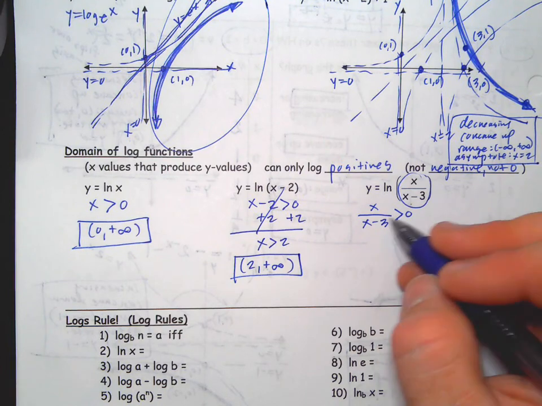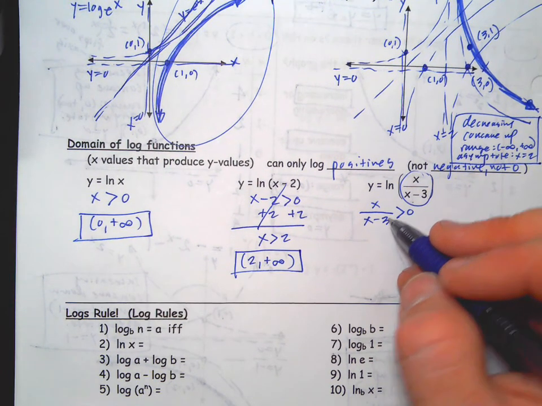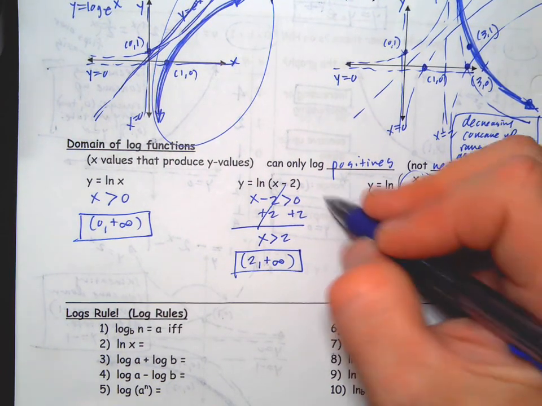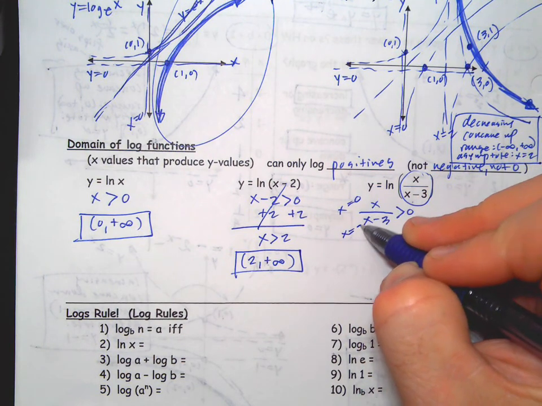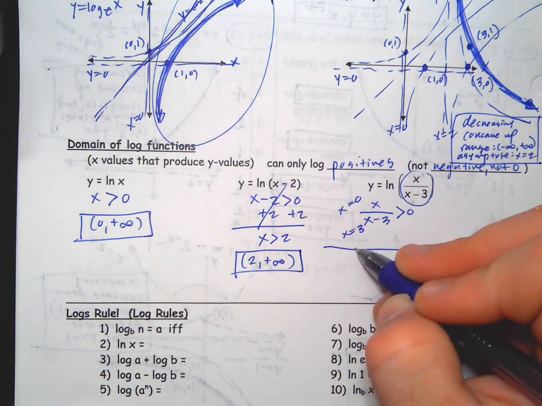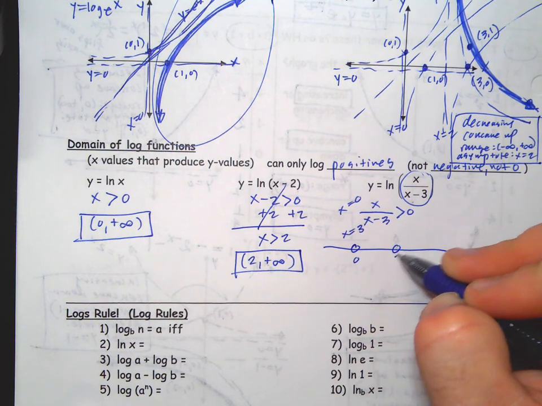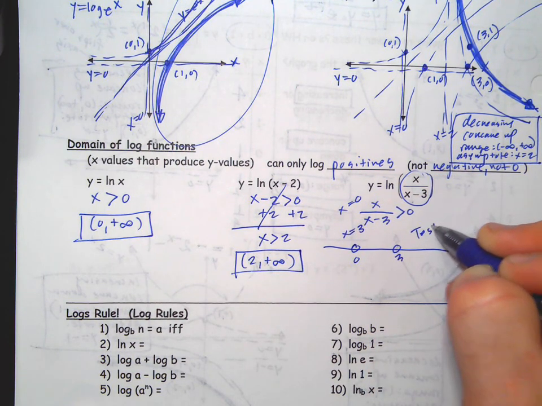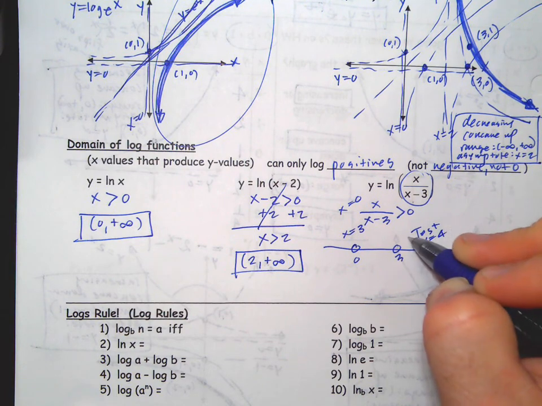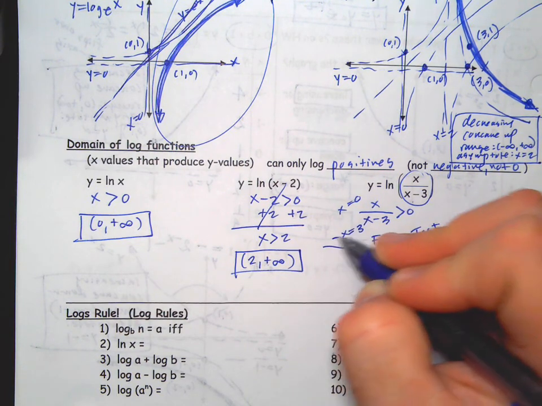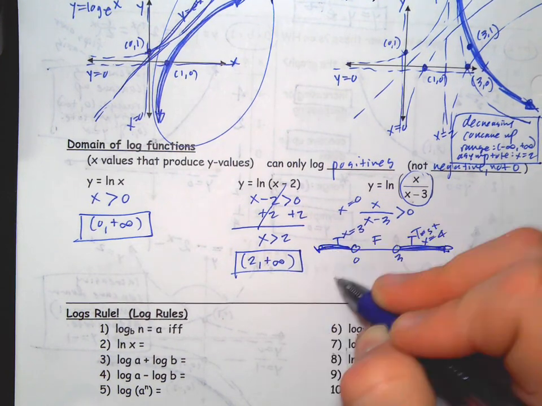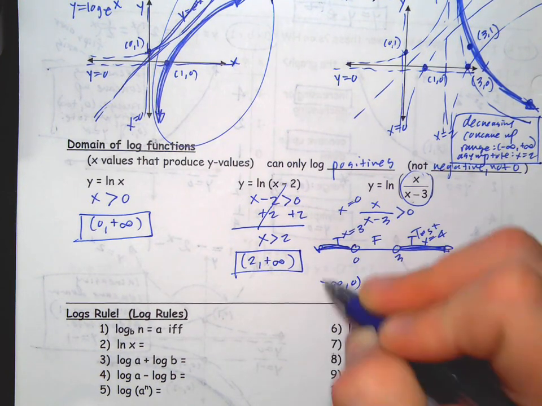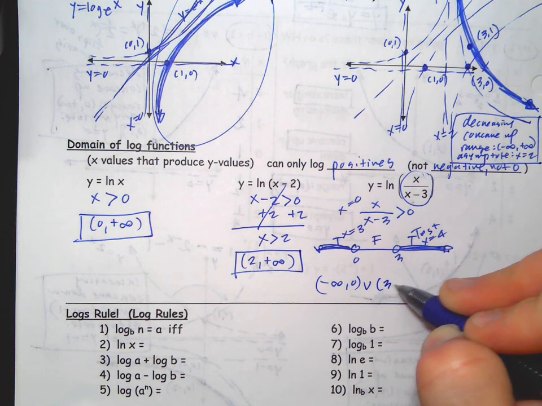Now, this is one of those rational inequality problems that we were doing before. So x equals 0 is a root, x equals 3 is a vertical asymptote. We do a line check. These are both open dots. We test a number, x equals 4: true, false, true. And so our domain is negative infinity to 0 union 3 to positive infinity.